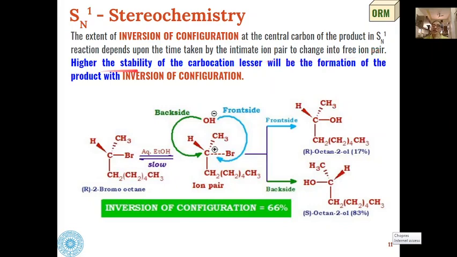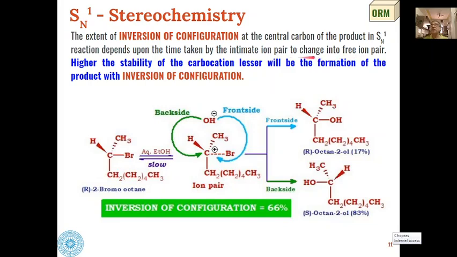And the higher the stability of the carbocation, the lesser will be the formation of product with inversion of configuration. Because of the higher stability of the carbocation, it will immediately change into a free ion pair. And if it immediately changes into a free ion pair, that means it will take very little time to change from intimate ion pair to free ion pair.